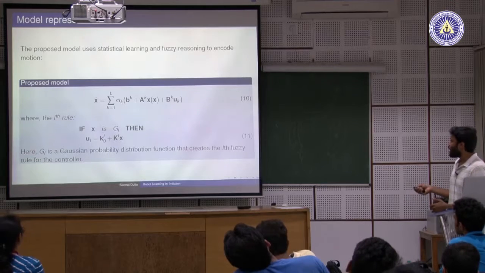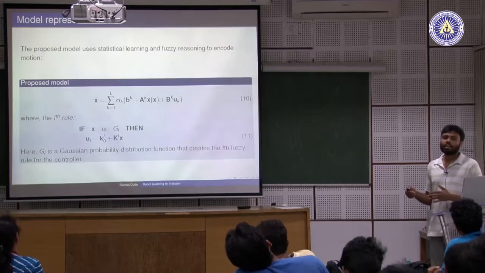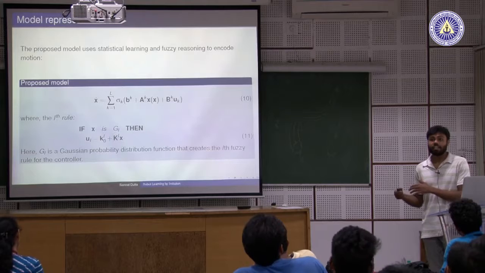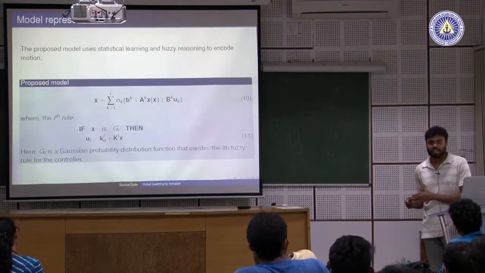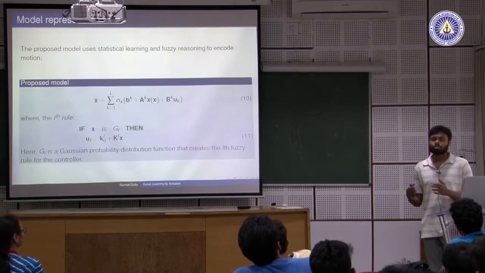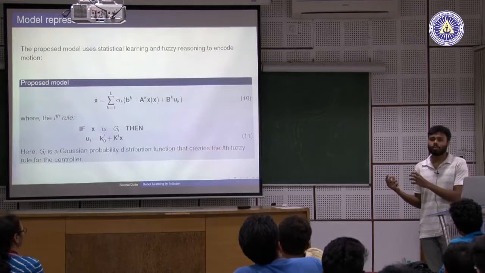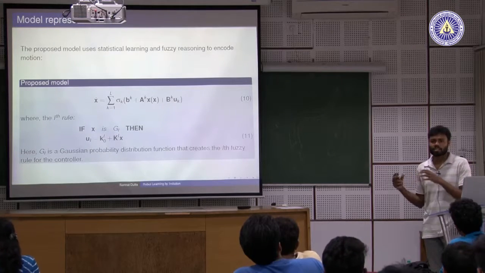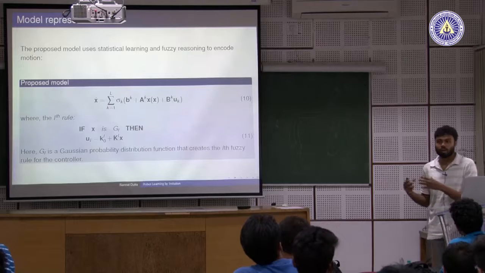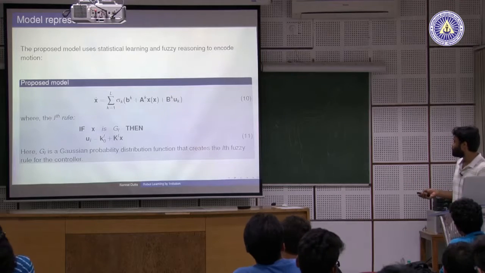So, now this model has the capability to utilize the advantages of both statistical learning and fuzzy logic. We take the cream portion of these two techniques and combine them to propose a better model.